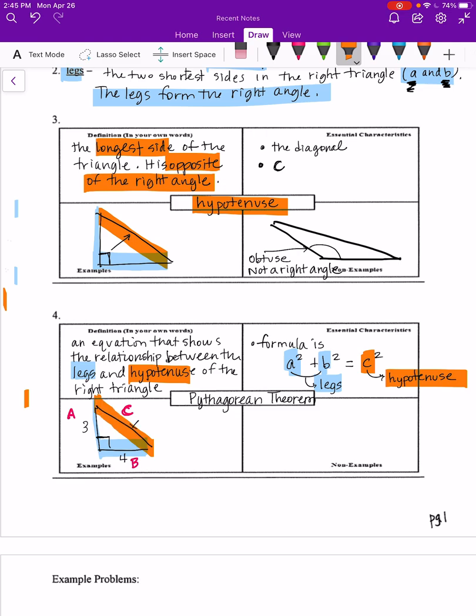So in order to calculate one of these, this is what we do. We take the formula, which is a squared plus b squared equals c squared. And we plug in what we know. Well, c is right here, and c is an x. So I'm going to replace that c with x, and then put squared equals.